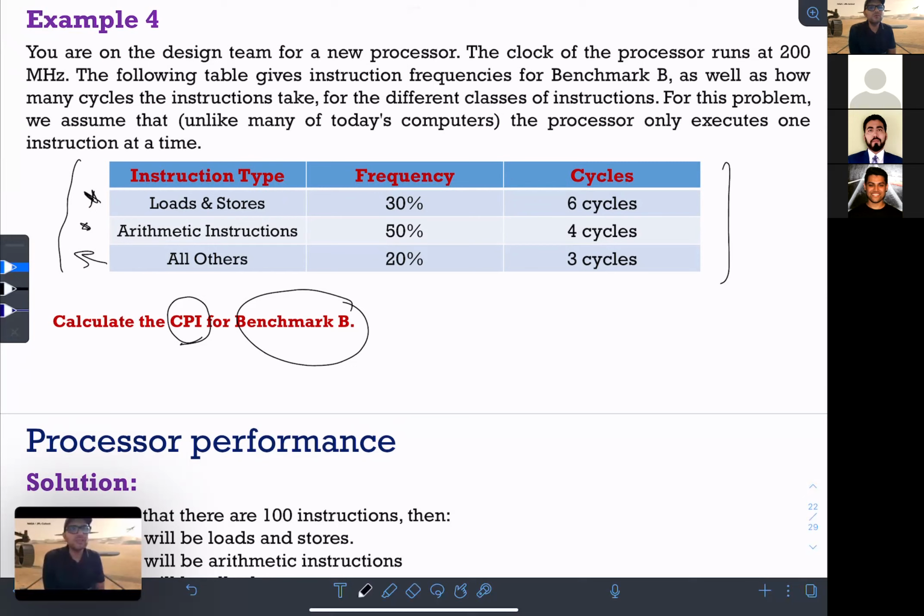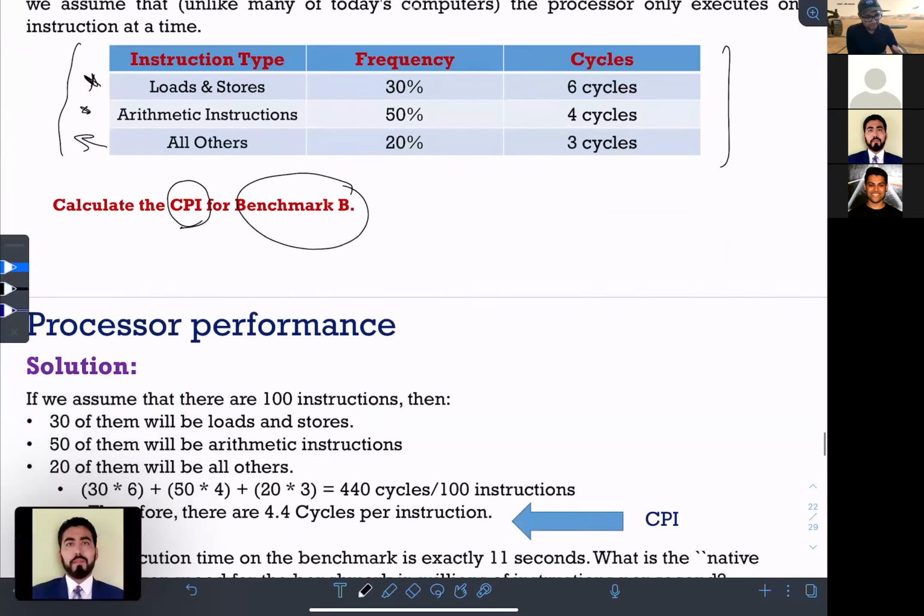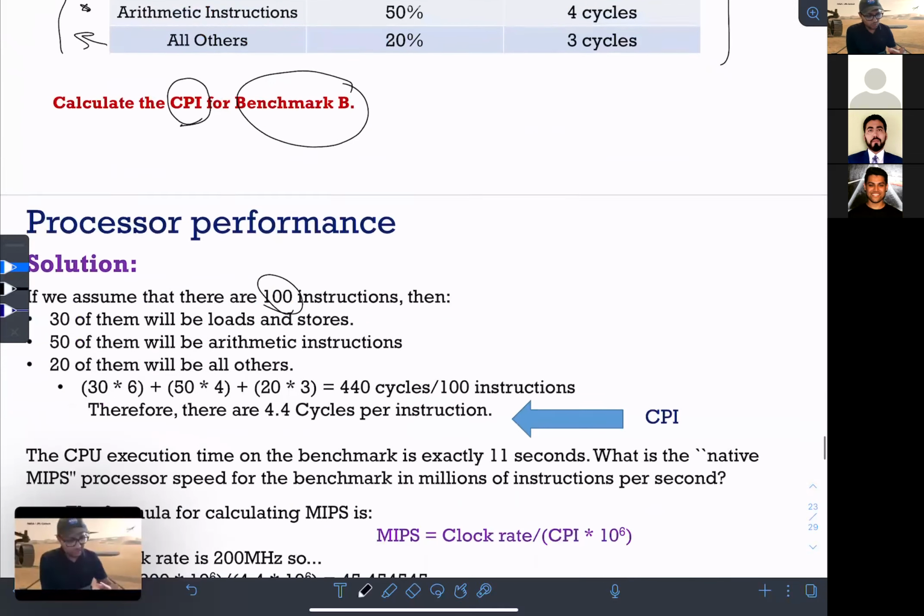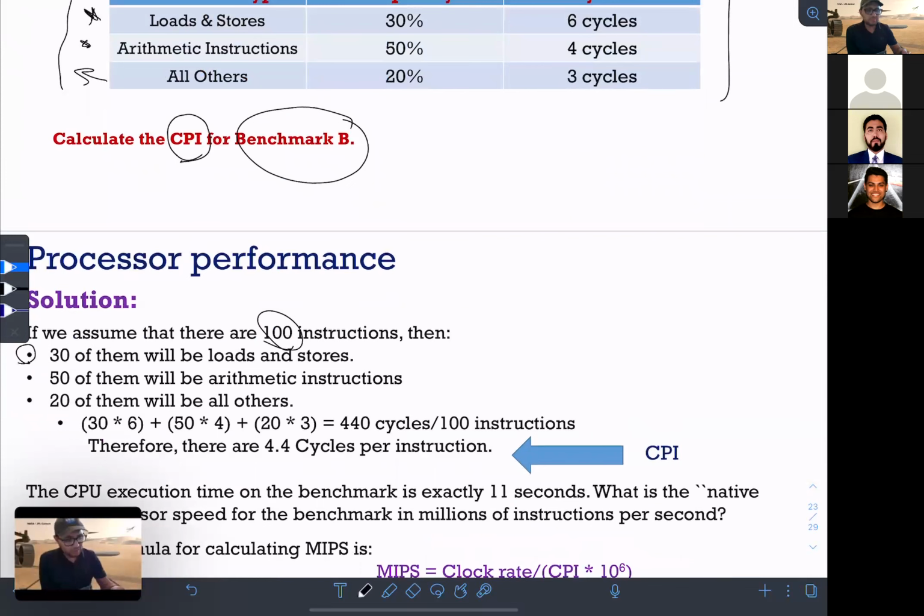Somebody will tell me why I made it 100. Then I can say, what is 30% of 100? What is 50% of 100? What is 20% of 100? So it will be a number that is easy to put. Basically I made an assumption: assume 100 instructions. Then 30% of the 100 is 30, 50% of the 100 is 50, 20% of the 100 is 20.